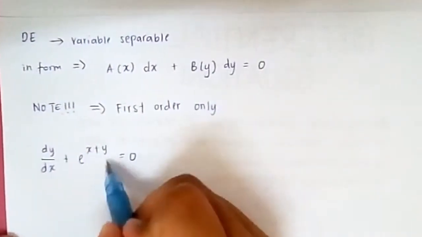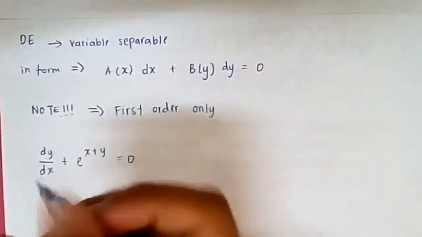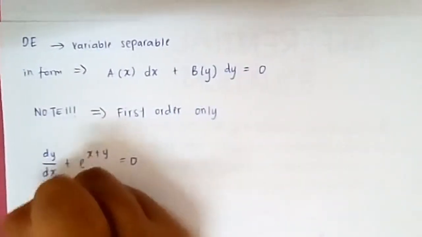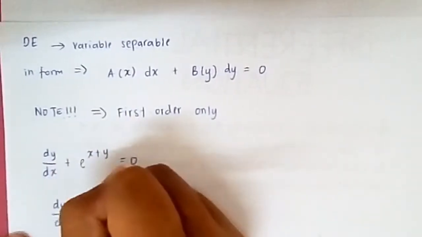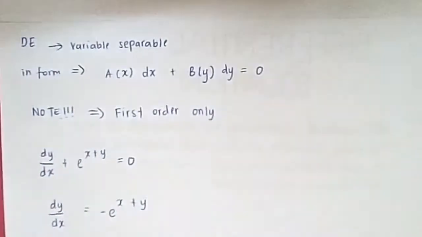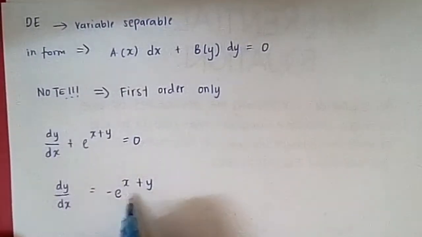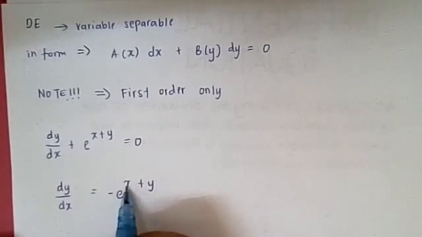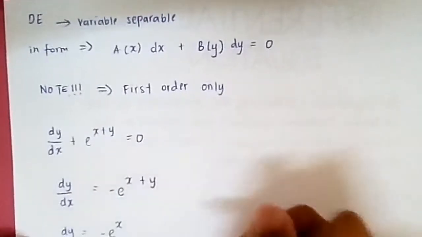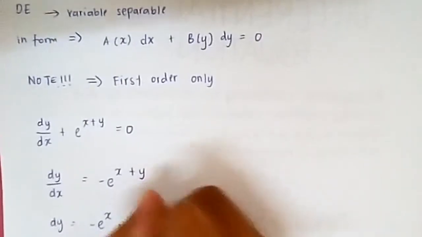We can move the exponent to the right hand side and leave dy over dx at the left hand side. Let me show. dy over dx equals negative e to the power of x plus y. Then we can separate the exponent: e to the power of x times e to the power of y dx.